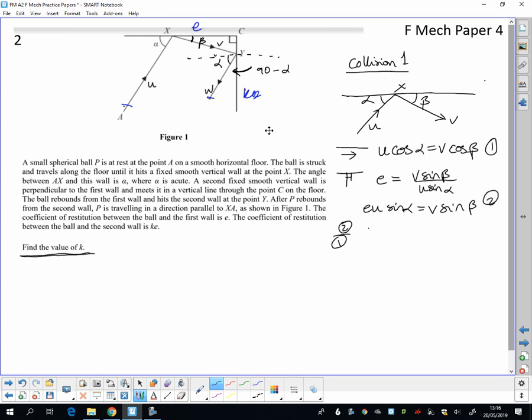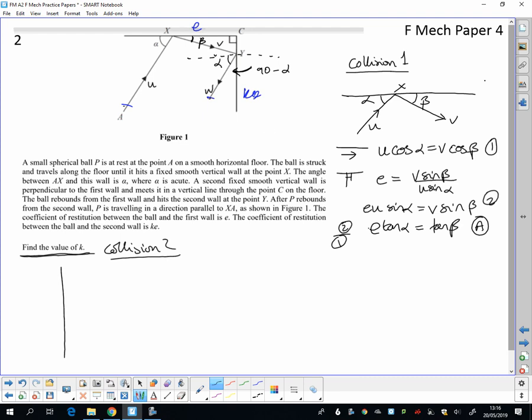The u's are going to cancel, and I'm going to end up with e tan alpha, because sine over cos gives us tan. And similarly with the other side, v sin beta divided by v cos beta gives me tan beta, and I'm going to call that equation A, because I'm going to reuse that in a minute.